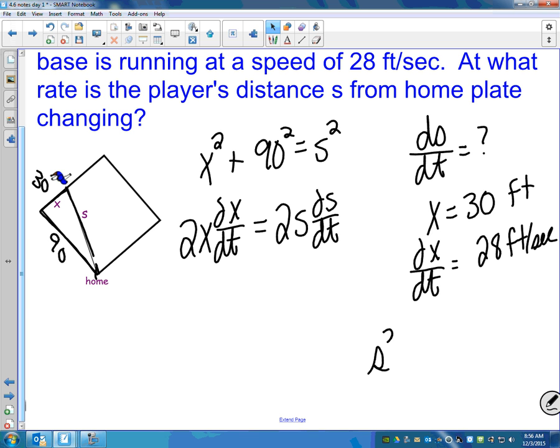So s squared would equal 30 squared plus 90 squared, so s would just equal the square root. Oh, so the square root of 90 is?